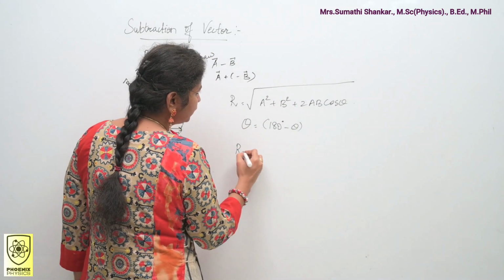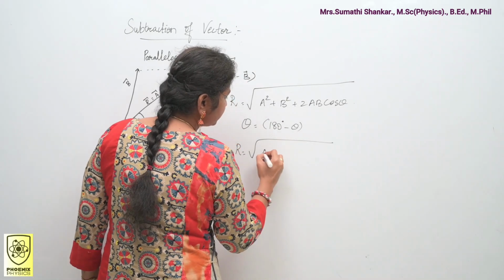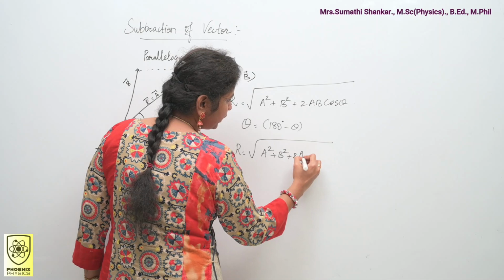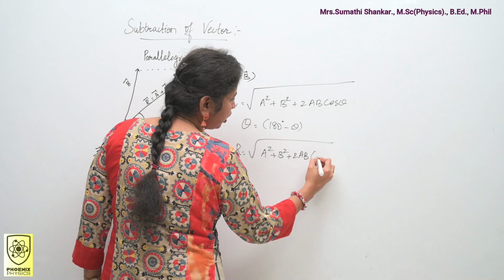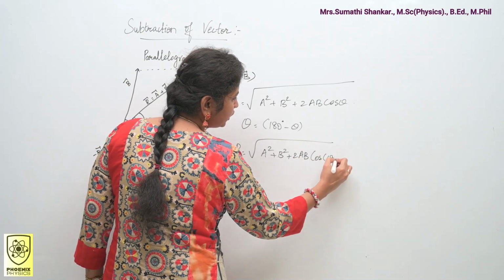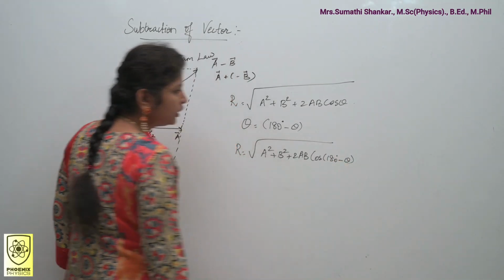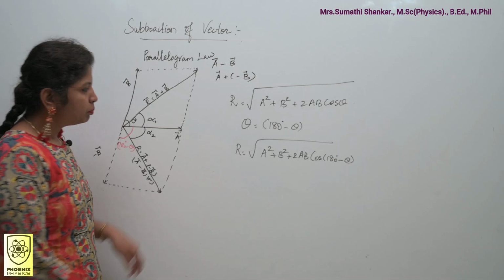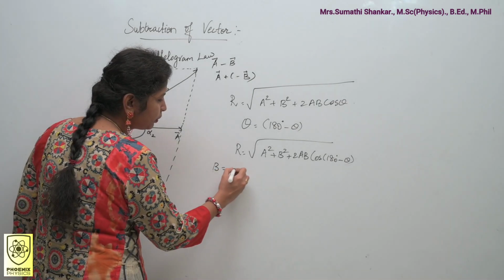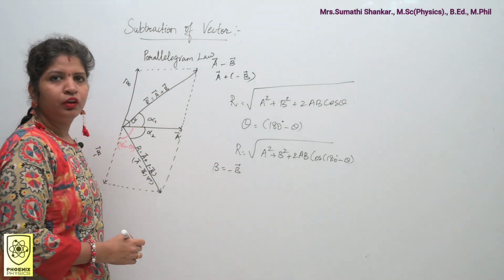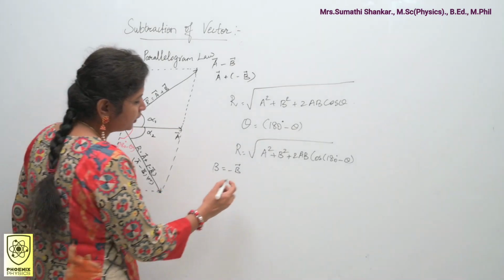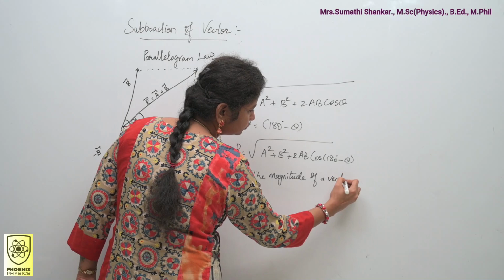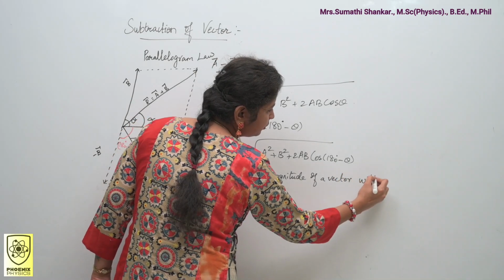So R is equal to root of A square plus B square plus 2AB cos (180 degrees minus theta). Here, why did I substitute B instead of minus B vector? Because the magnitude of a vector will never be negative.